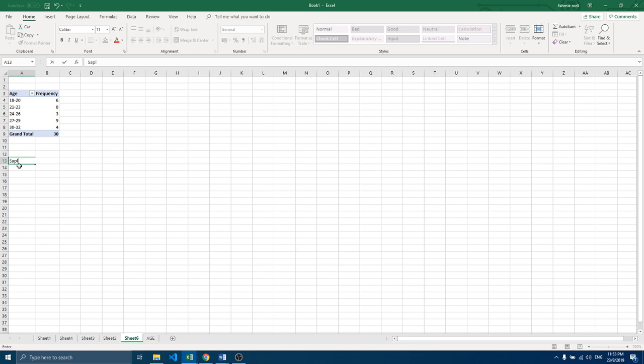So now you have to find sample mean. Sample mean, median, mode, quartile 1, quartile 2, maximum age, minimum age, interquartile range, IQR, and then range, then sample variance, and this is sample standard deviation.